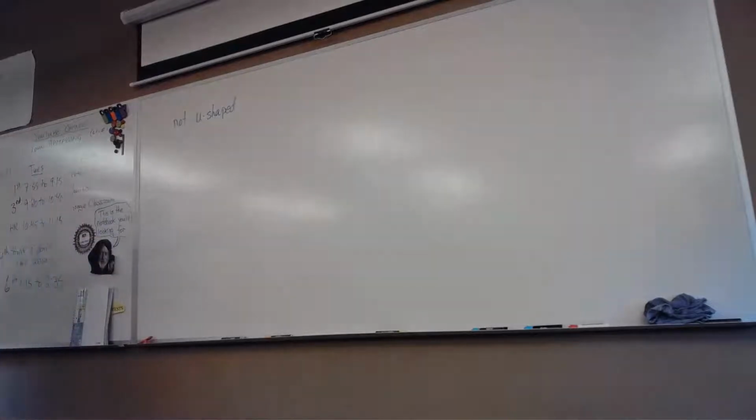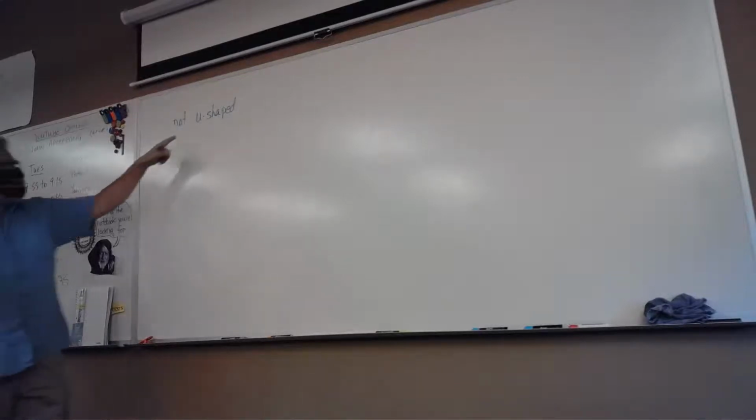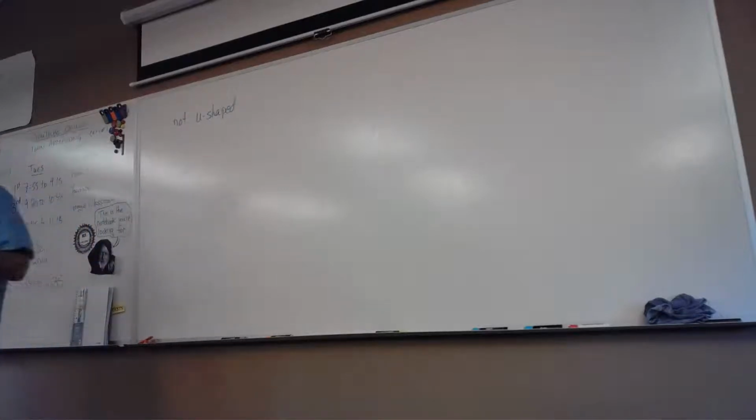So I want to pick your brain a little bit here. This is a good observation, but here's what I don't like about describing something with what it's not. If we say it's not U-shaped, I could also say it's not A-shaped, it's not B-shaped, not C-shaped, not D, E, F or G-shaped. See where I'm going with this?